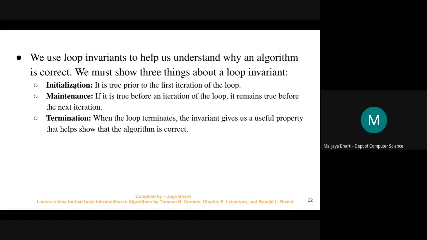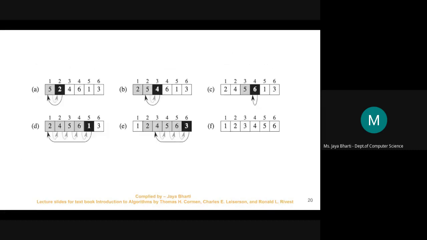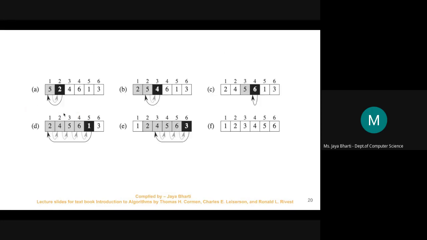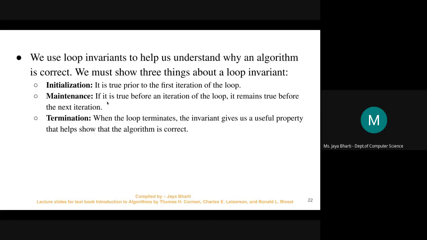Initialization: it is true prior to the first iteration of the loop. Whatever your loop is, it should be true before the starting of the iteration. Then maintenance: if it is true before an iteration of the loop, it remains true before the next iteration.